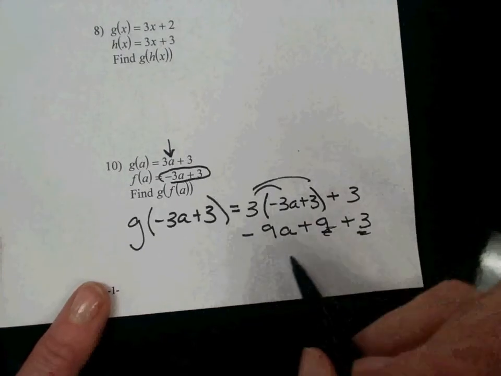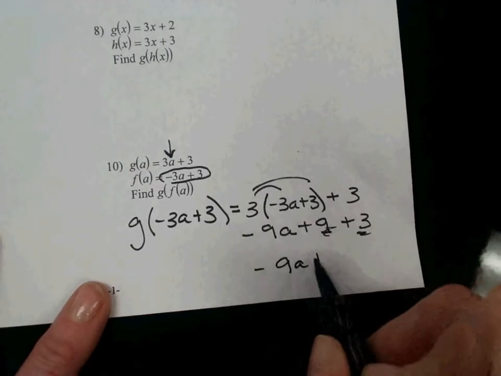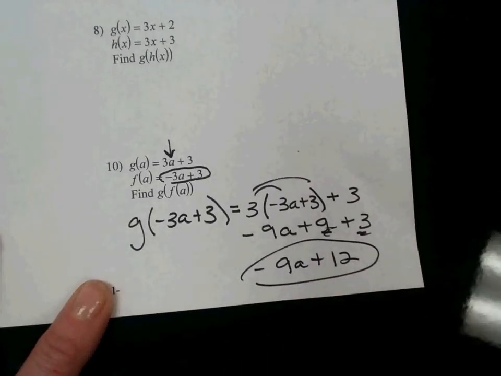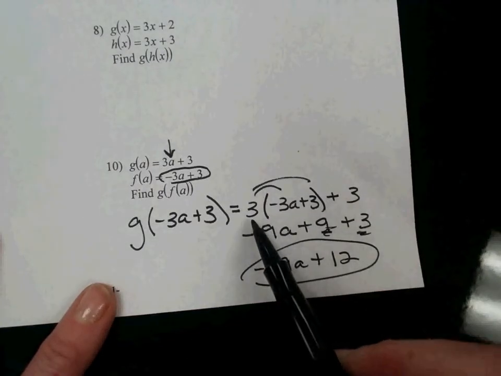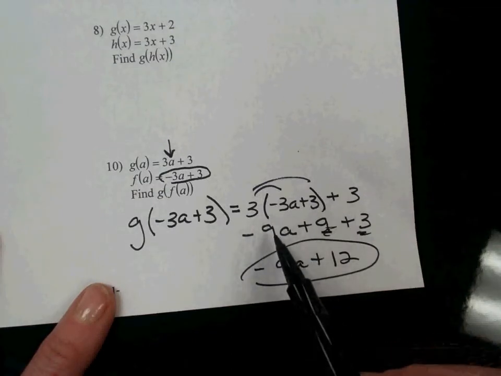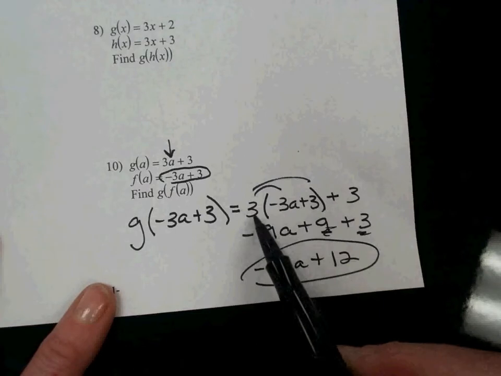Yeah. Good job, Hannibal. Negative 9a plus 12. You guys feel like you're getting the hang of this? Yeah. So we multiply that and the negative 3, and then do we multiply 3 times 3 too? Yep.